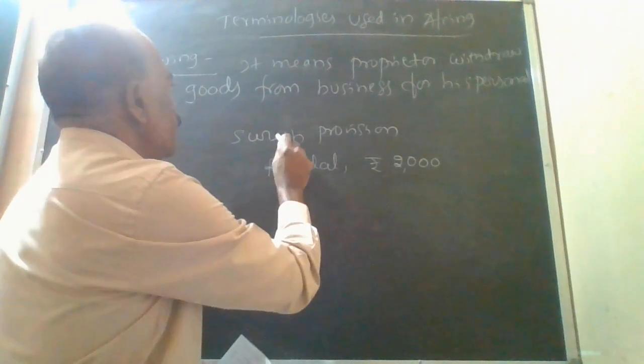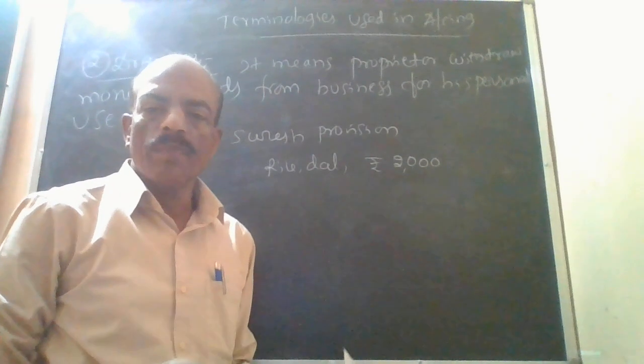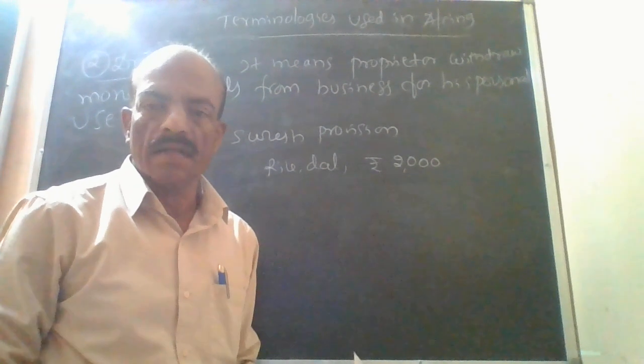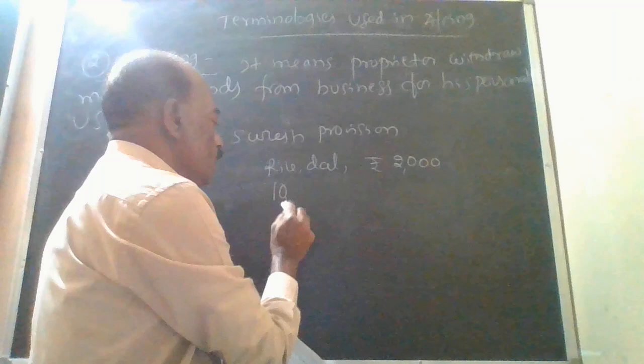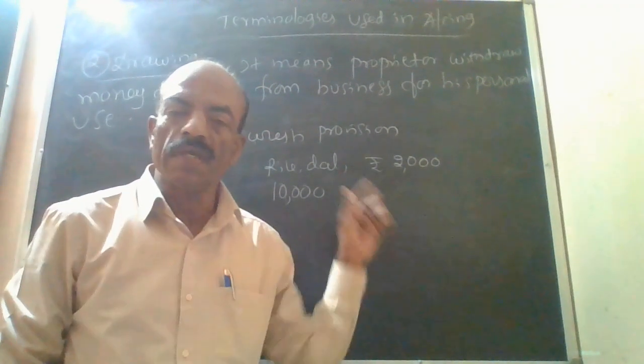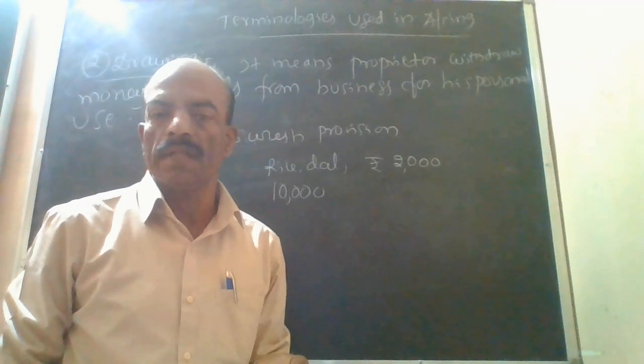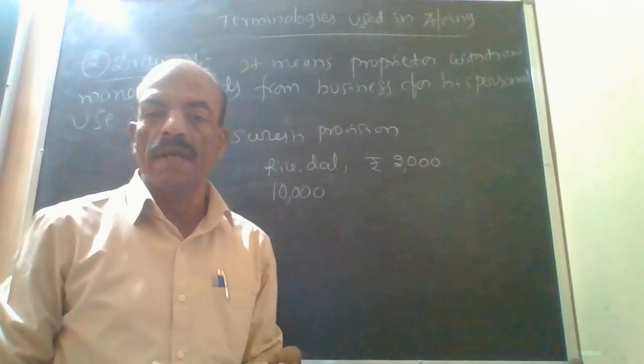Otherwise, he can draw the money also. Suresh wants to pay the tuition fee of his son. For that, 10,000 is required. So what will he do? He will withdraw 10,000 from his business. From his shop, he will draw the money, 10,000. That is called drawing.